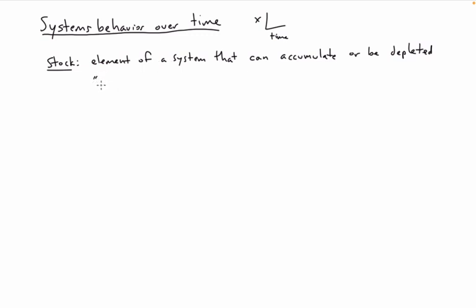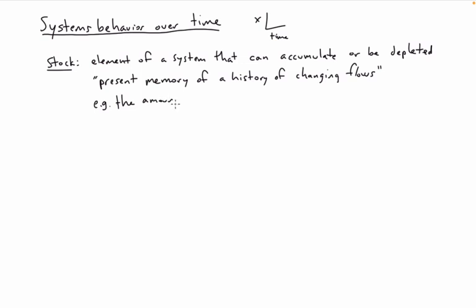Meadows makes this a little bit more abstract or deep. She says it's the present memory of a history of changing flows. So an example here would be the amount of CO2 in the atmosphere.